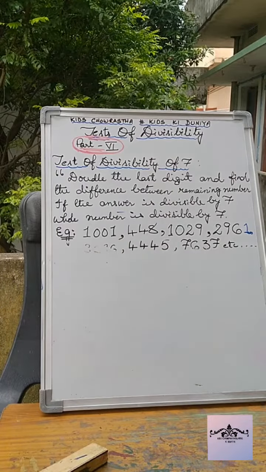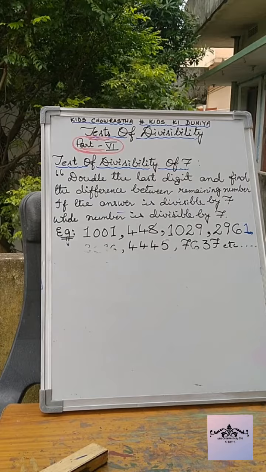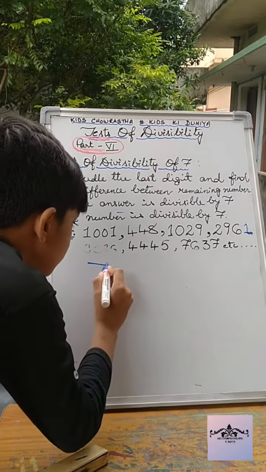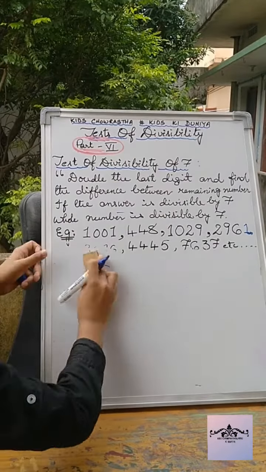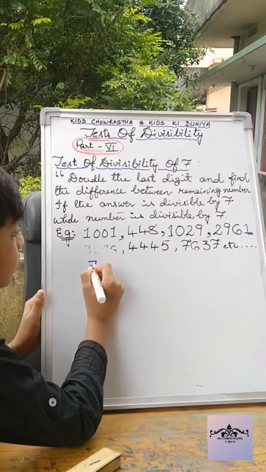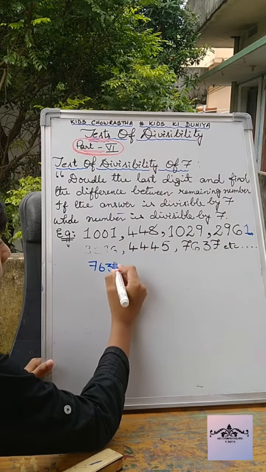Seven, 6, 3, 7. It's a little bit tough, which we are doing now. Double 7. Let's do it in fast motion. Our last digit, right?